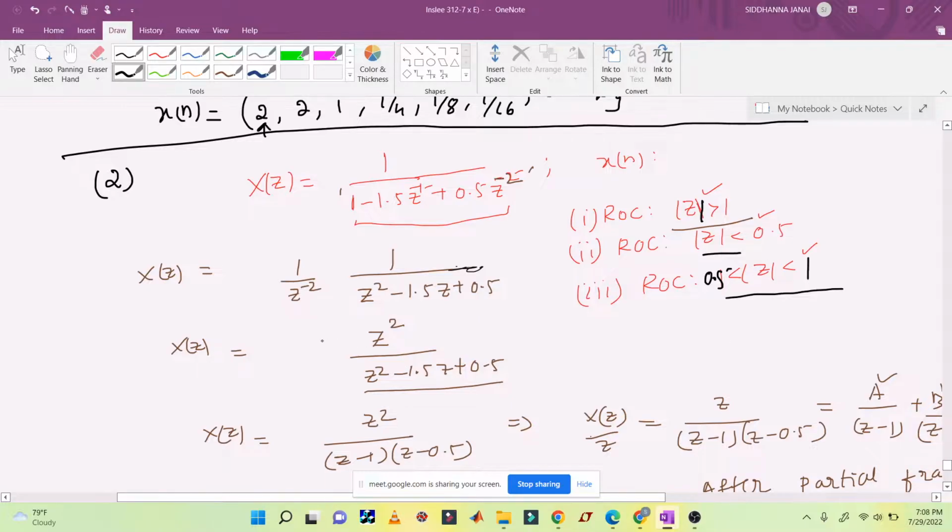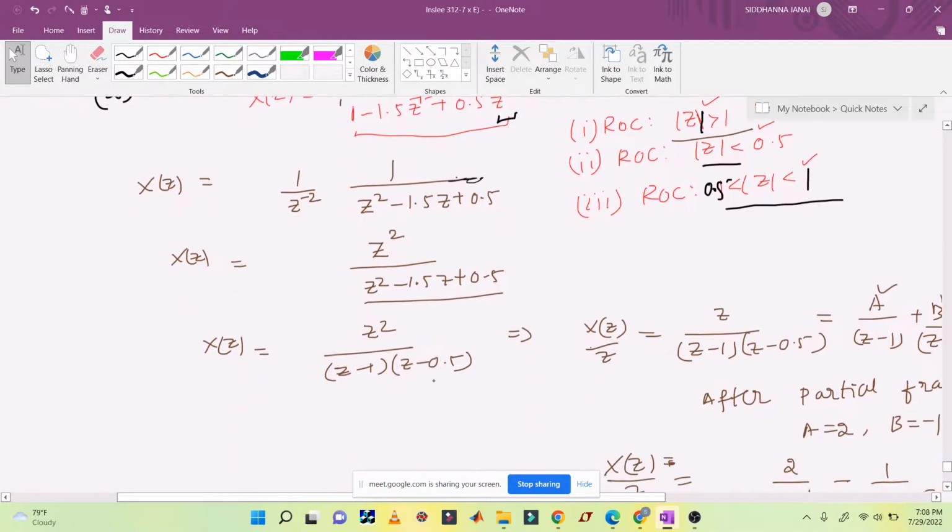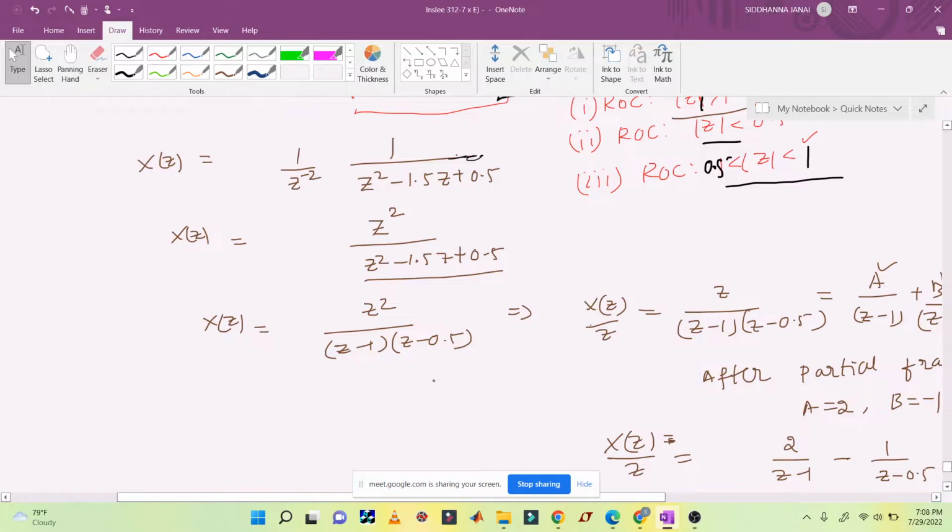So what is the first thing we have to do? If Z inverse is there, we need to convert it into Z form. We can deal with Z inverse also in the next problem. For this particular problem, we have converted it into Z form by taking Z inverse whole square as common.